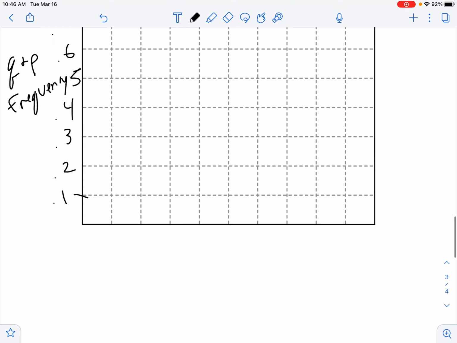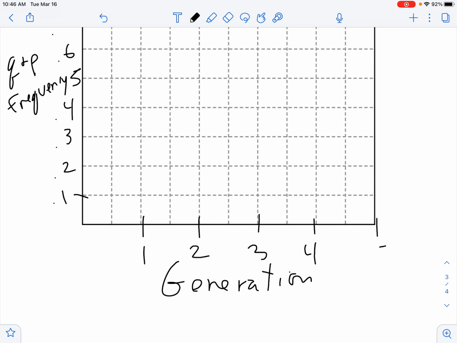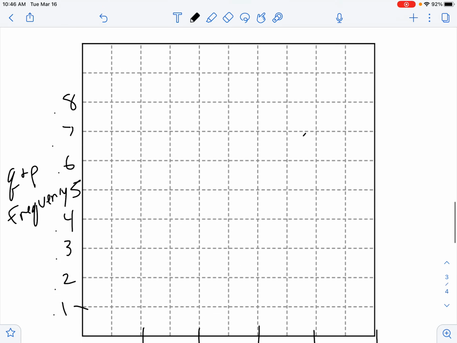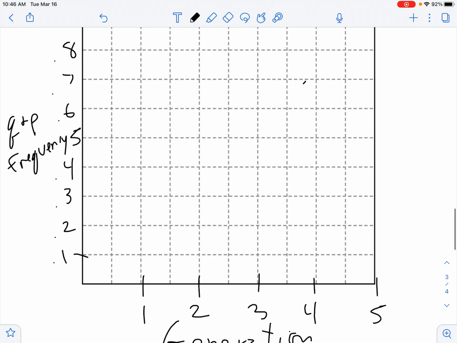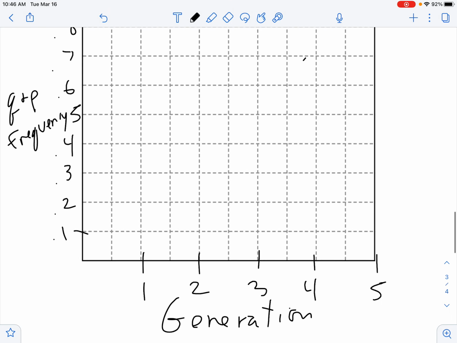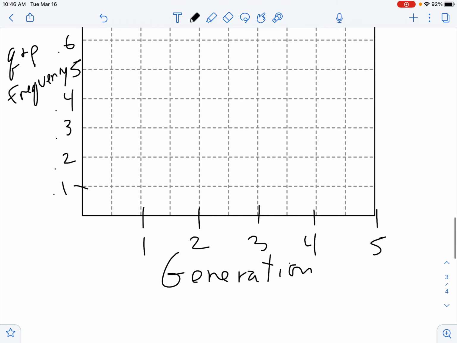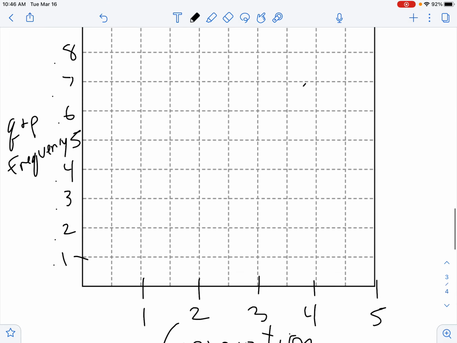And then this right here would be generation, like generation 1, 2, 3, 4, and 5 or something like that. The title of this would probably be something like allele frequency in a licorice population over 5 generations, or allele frequency in a red and black licorice population over 5 generations.